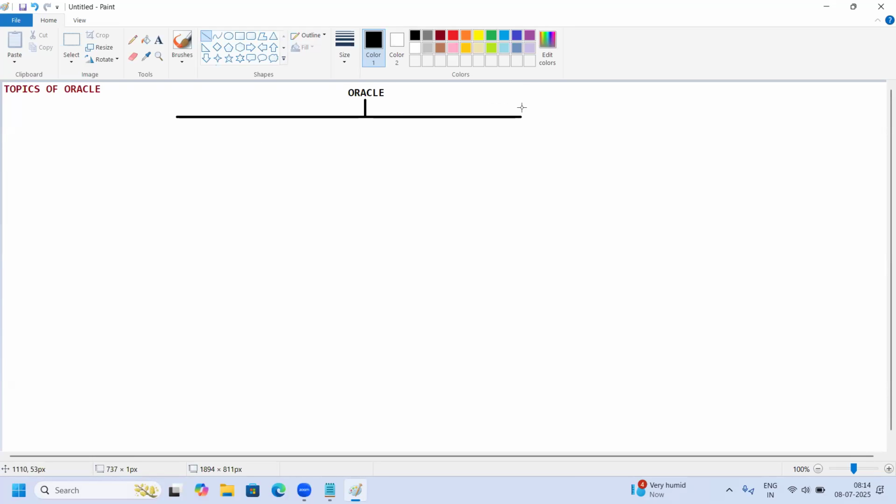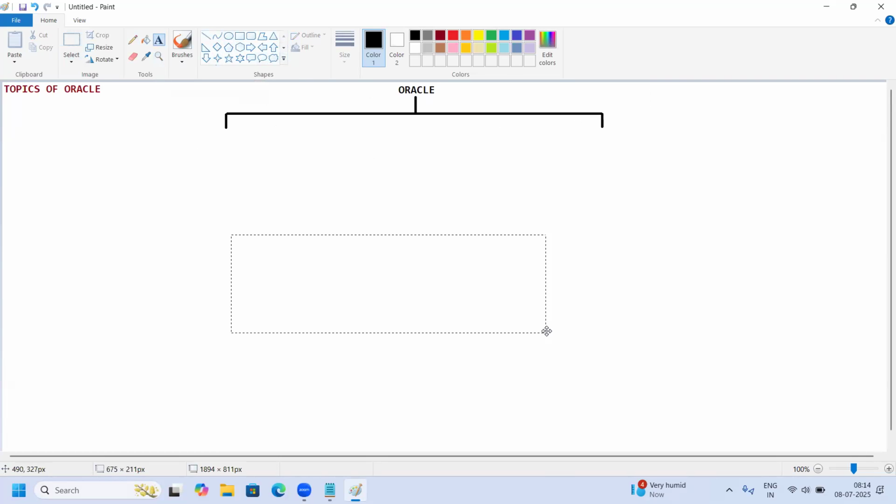Two modules. What are those two modules? This is the first module, and this is the second module.